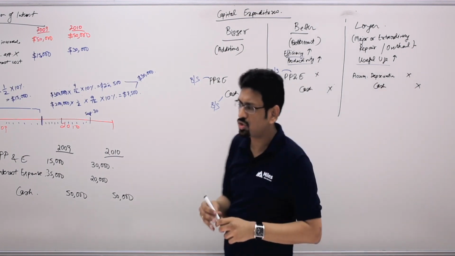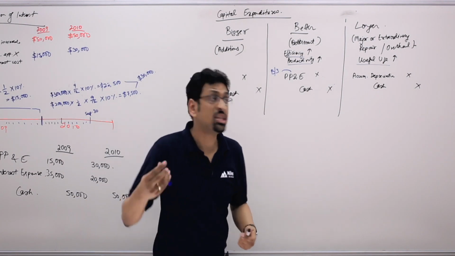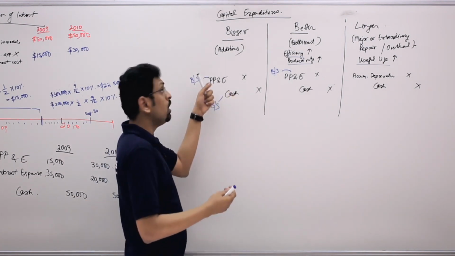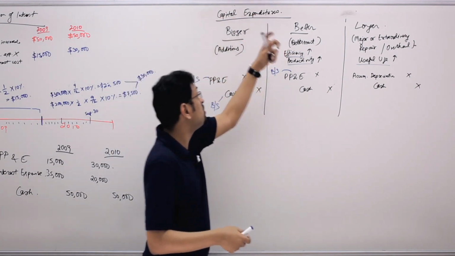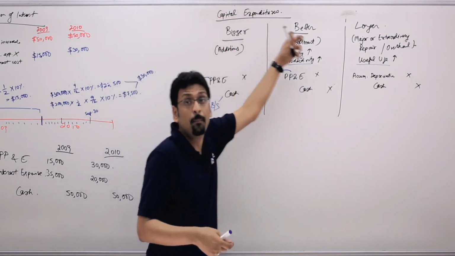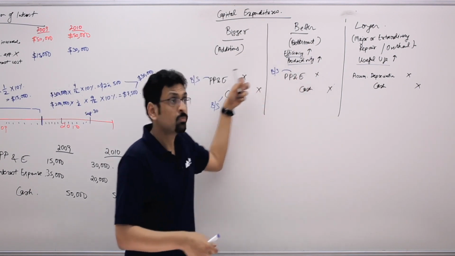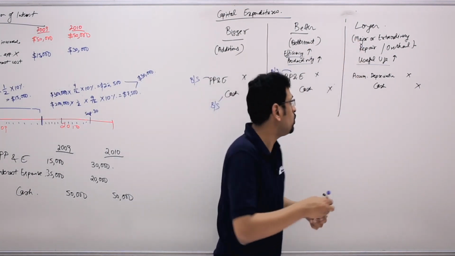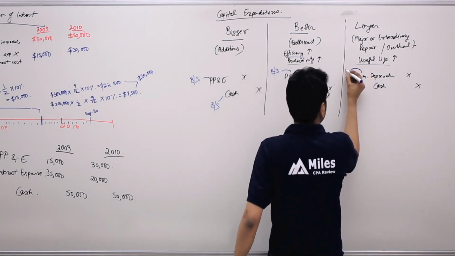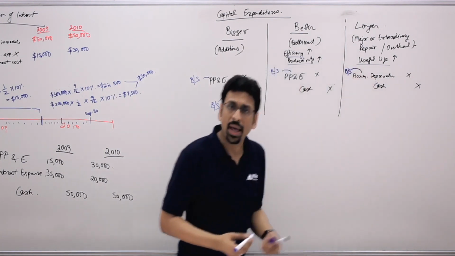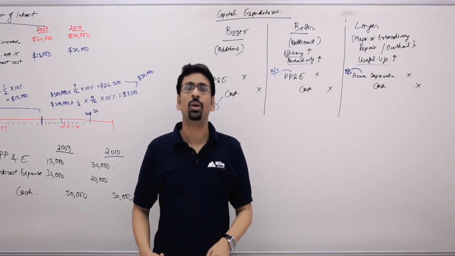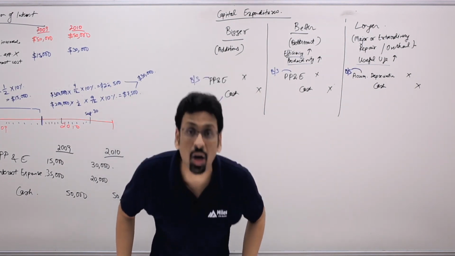So guys, I'm sure you're getting this concept. So when we said it's a revenue expense, the debit was to an expense. Cash goes out. When we said capital expenditure, which make our asset bigger or better, PP&E debit. But if it made our asset longer, increase the useful life, we debited accumulated depreciation, which again goes to our balance sheet. So we had PP&E less accumulated depreciation reported at net on the balance sheet.